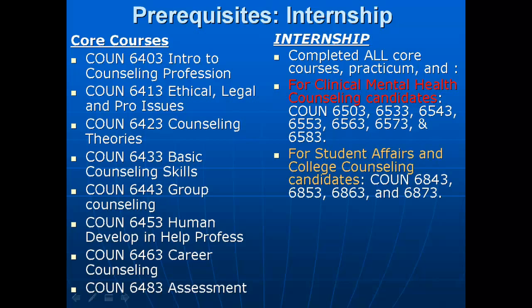For student affairs and college counseling candidates, you need to have completed 6843, 6853, 6863, and 6873. For school counseling candidates, Counseling 6583 and 6763. On a case-by-case basis, the faculty will consider small deviations from these course requirements.